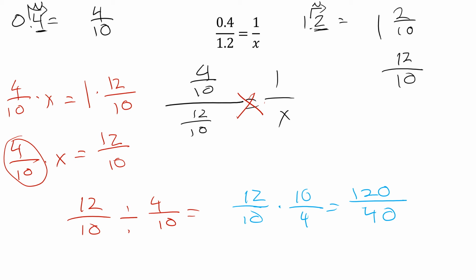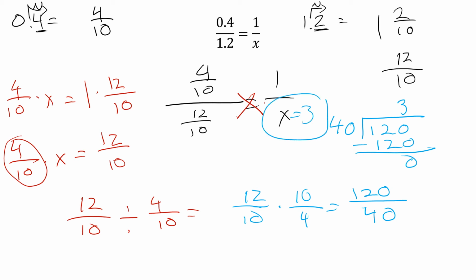So to convert from an improper fraction to a mixed number, we do the denominator on the outside, numerator on the inside, and divide. And 40 goes into 120 3 times. 3 times 40 is 120, subtracting it, 0. So our final answer, x is 3.